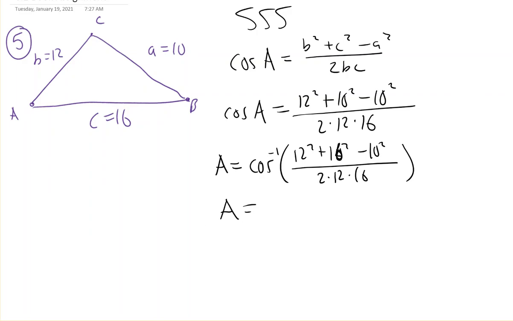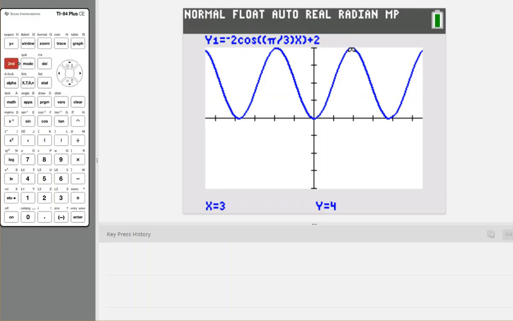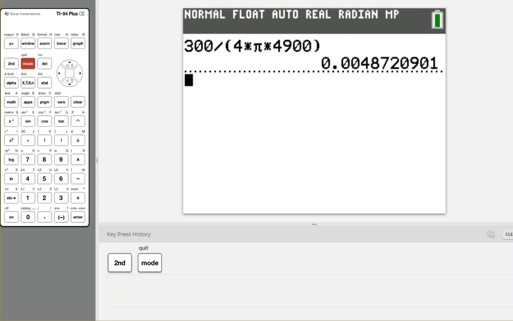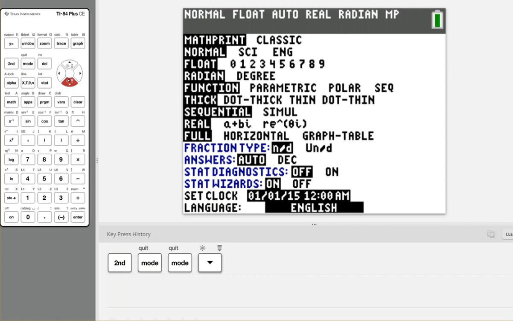So inverse cosine of... okay, it doesn't really say here, but we do want degrees, so we would want our calculator in degree mode.